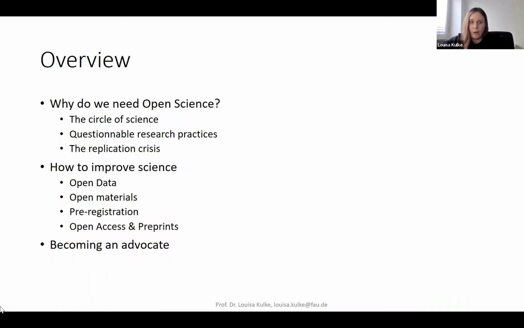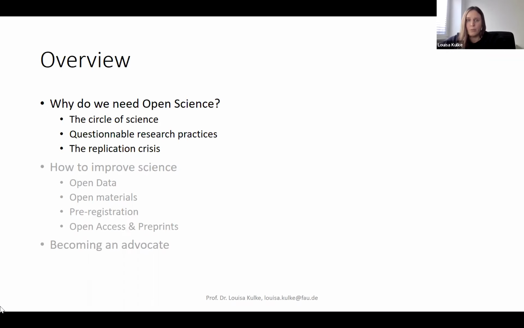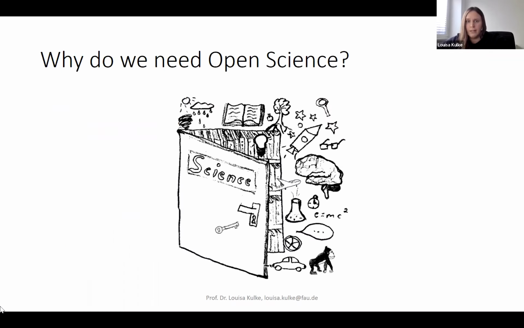Then I will talk about how we can improve science, and I'll mainly focus on open data, open materials, pre-registrations, and open access and preprints, and give some basic tips there too. And then in the end, I will talk about becoming an advocate and about some things that you can do to promote open science.